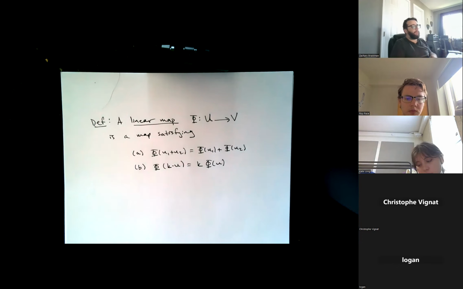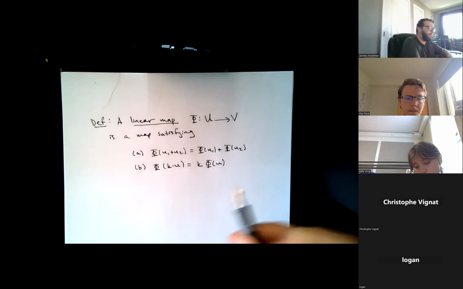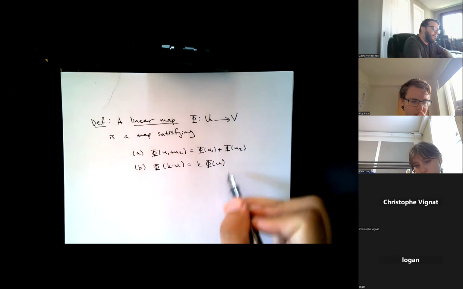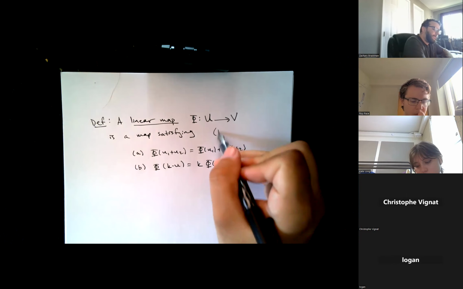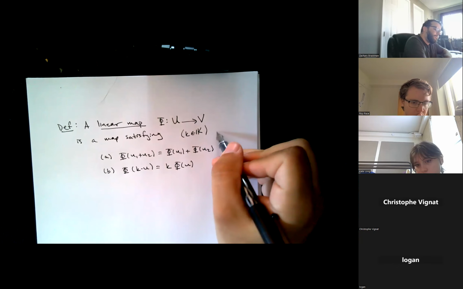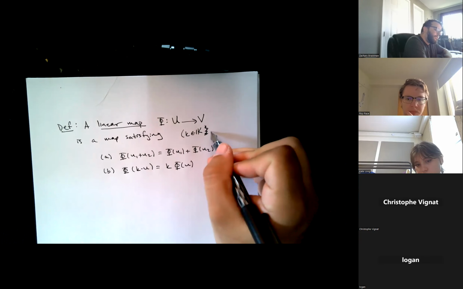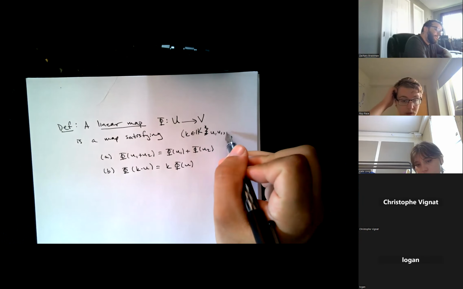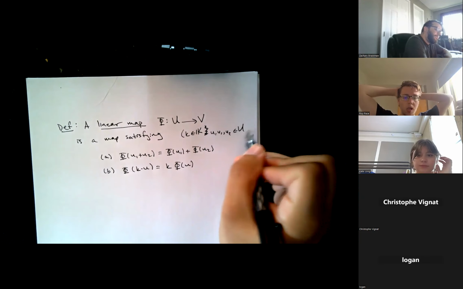So this is what it means for a map to be linear. Here, k is something in our field. So I should maybe say k is in K, and also u1, u2 are in the vector space U.